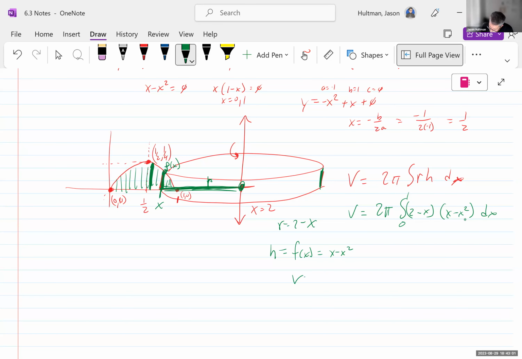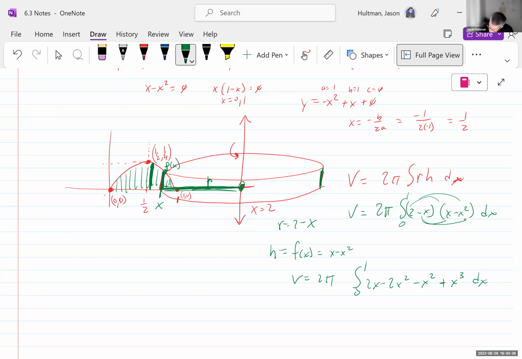And so we have the volume is equal to 2 pi times the integral from 0 to 1. I'm going to multiply this out. This becomes 2x minus 2x squared, then negative x squared, and then negative x cubed and a positive x cubed, dx.